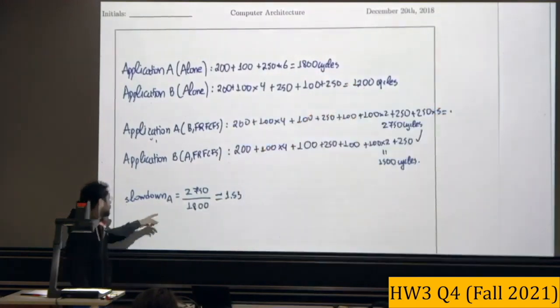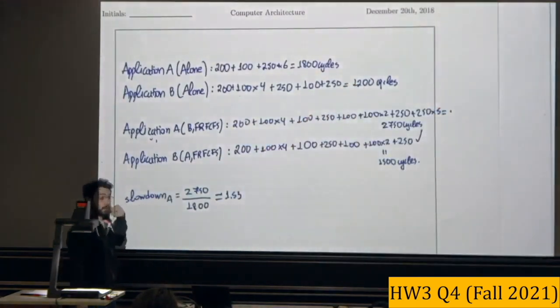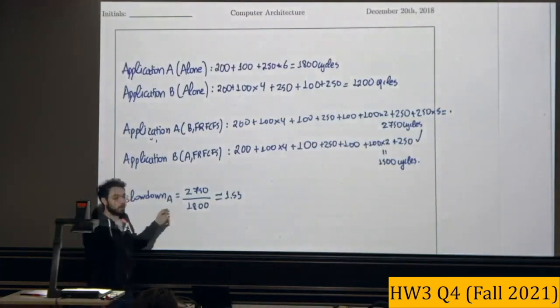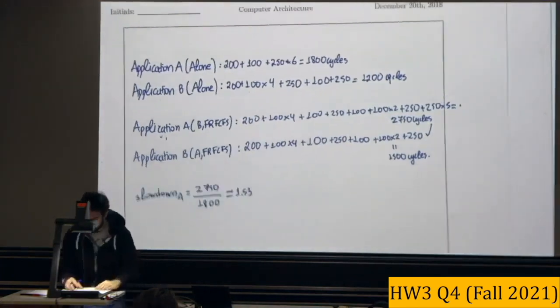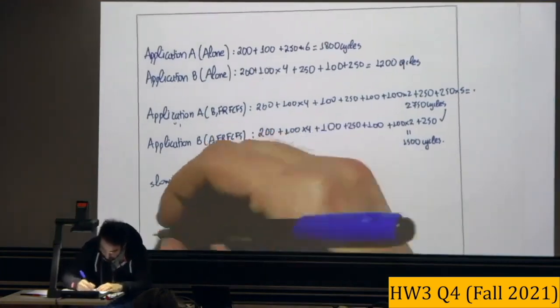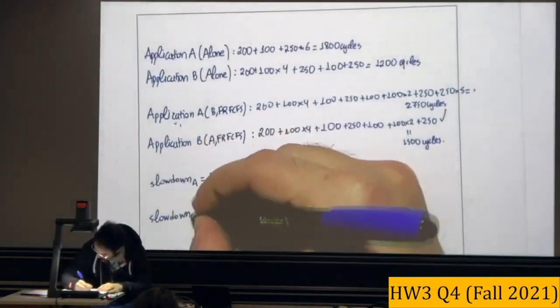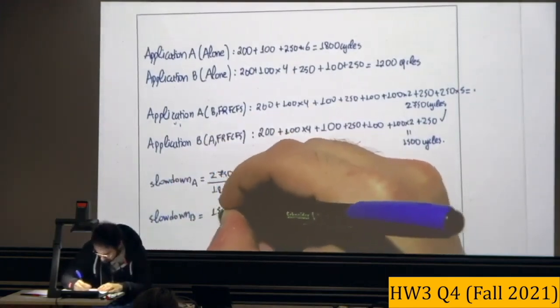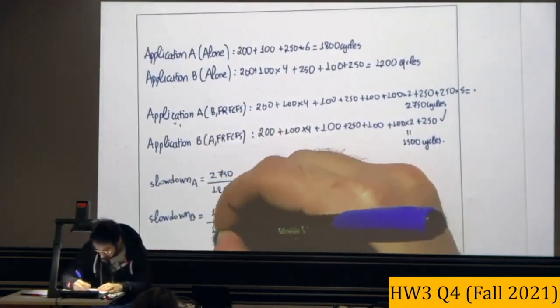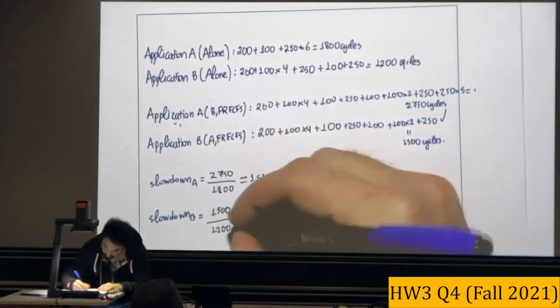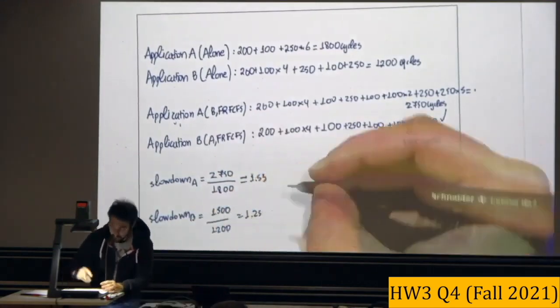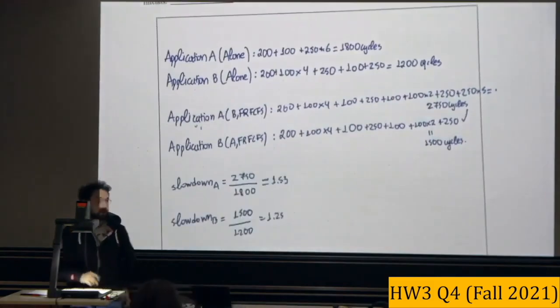This is the application A latency when it runs with application B over the alone execution, right? And the slowdown of B equals 1,500 over 1,200, which equals 1.15. So this is how we calculate the two latencies.